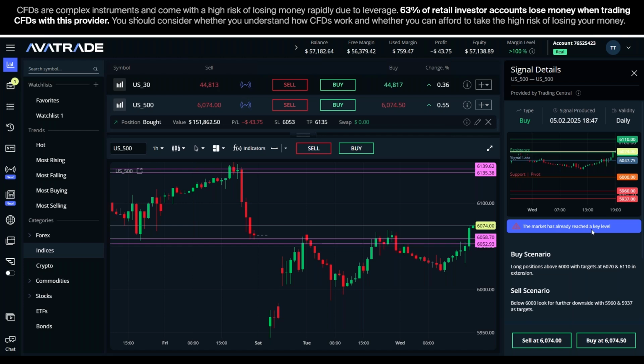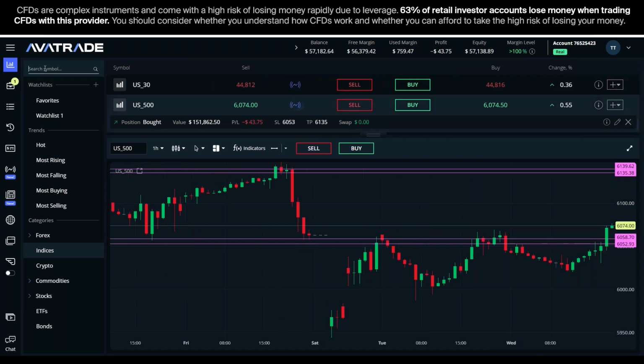But it tells you the market has already reached the key level. In this case, the first suggested take profit level, just at the beginning of the take profit zone that Trading Central was recommending. But without even looking, we're in the direction with our own technical analysis that we thought maybe this could rise, okay?